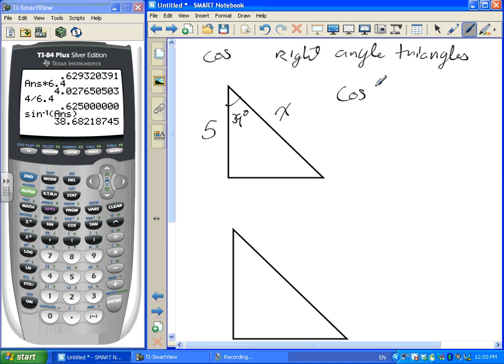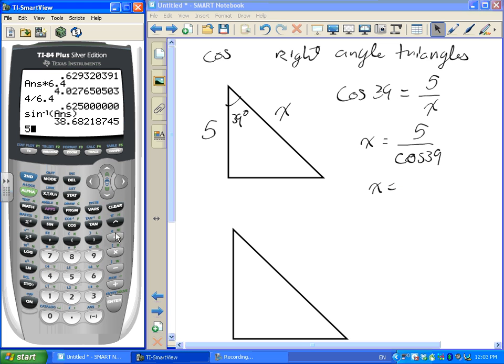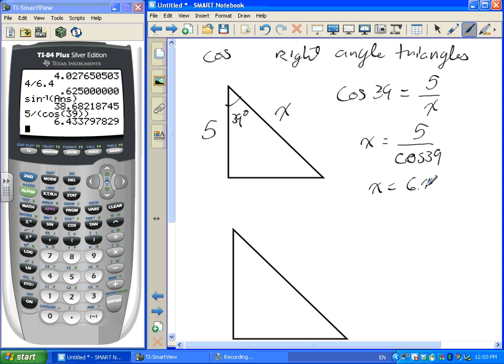Cosine of 39 degrees is equal to adjacent over hypotenuse. We can just flip the x and the cos 39. X equals 5 divided by bracket cos 39 bracket, 6.4, which is exactly what our hypotenuse was in the other one.